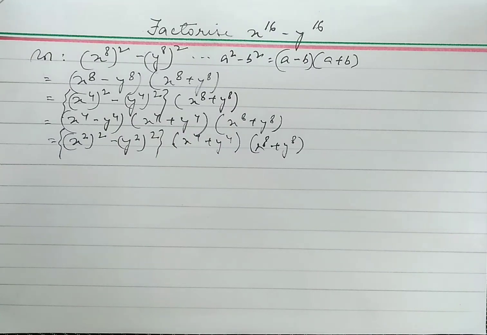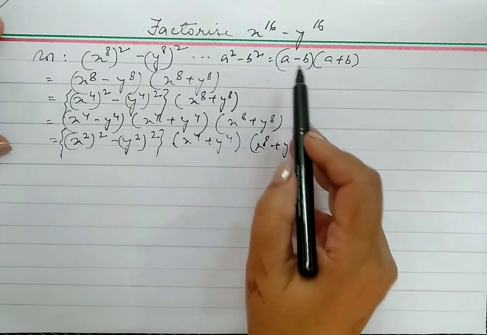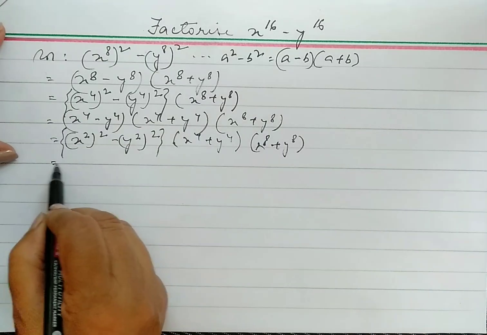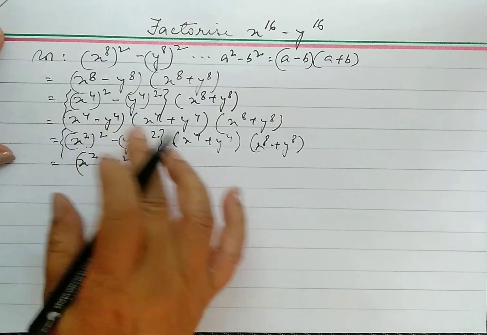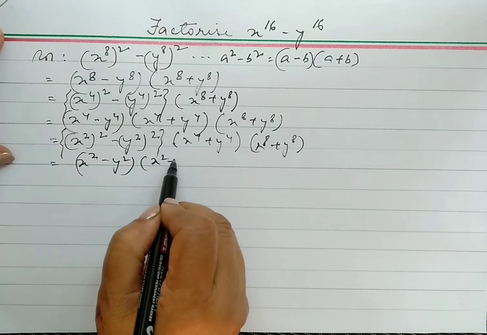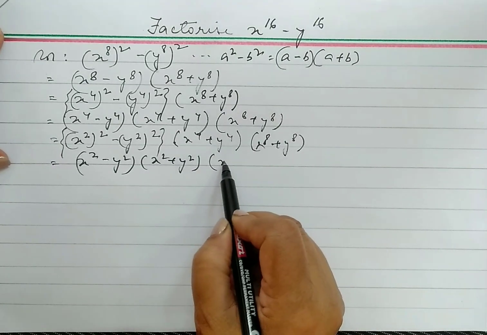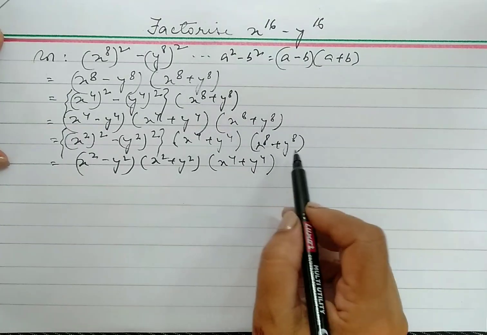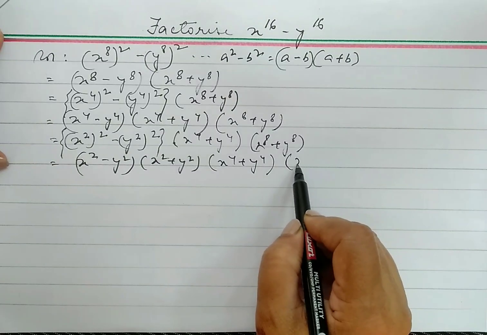You know that we already have the same a square minus b square, and using this identity we resolve this to get x square minus y square and x square plus y square, and this is going to be copied down the way it is. Since we have a plus sign over here, we do not have identities to crack these.